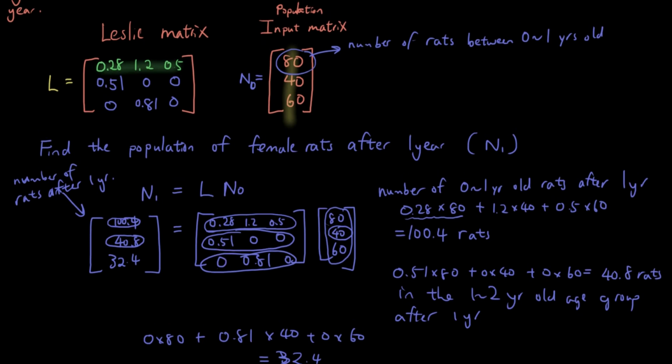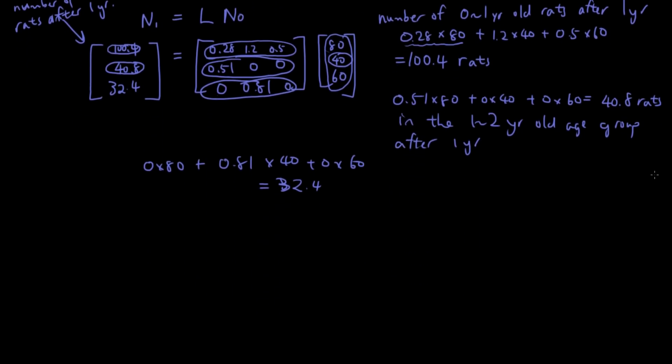So you might say, well, all this just for 1 year. What if I want to find out in 30? Well, let's rewind. If I want to find out N2, basically that comes from L times N1, because if I want to find the number of rats at the end of the second year, I will multiply the Leslie matrix by the number of rats at the end of the first year. But where does N1 come from?